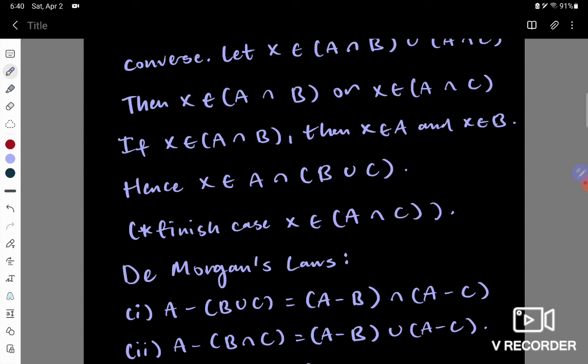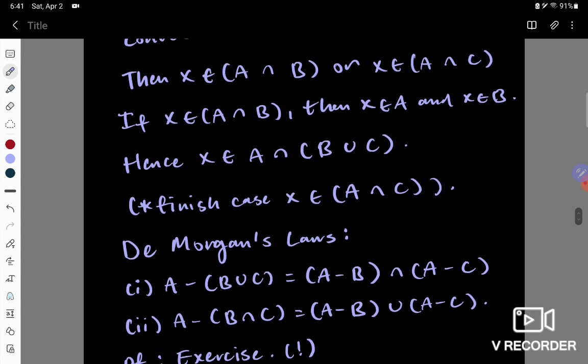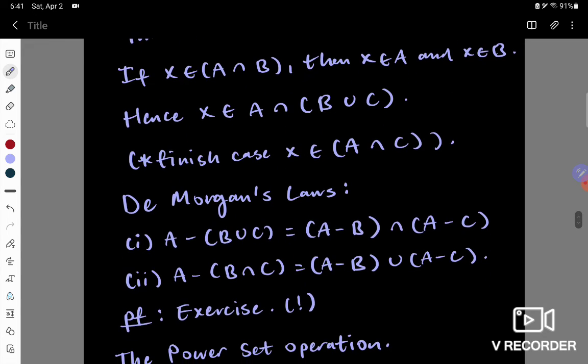Similarly, for the second one, the complement of the intersection is the union of the complements, right? So if you have complements as sort of those outer things, then you just switch around union and intersection. And it makes a little bit of sense, especially if you draw this out diagrammatically, which I highly suggest, using Venn diagrams or something of the sort. So let's leave this as an exercise.